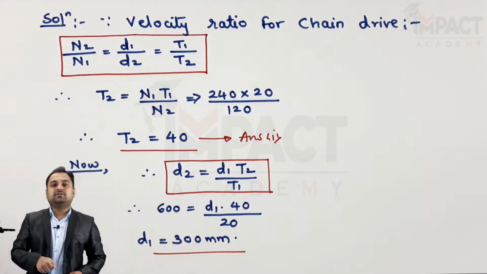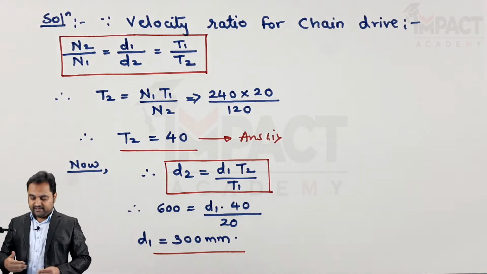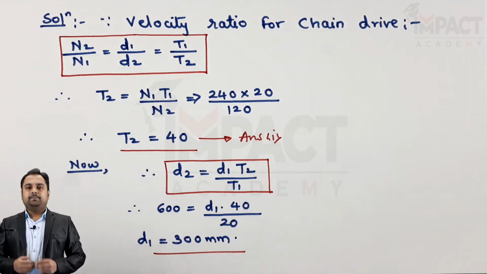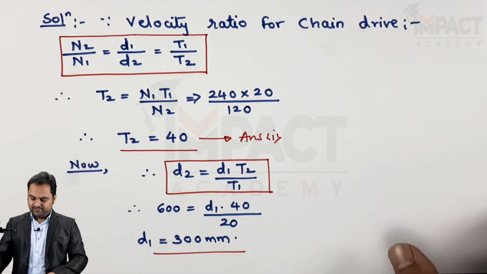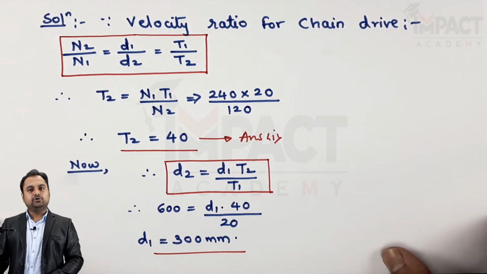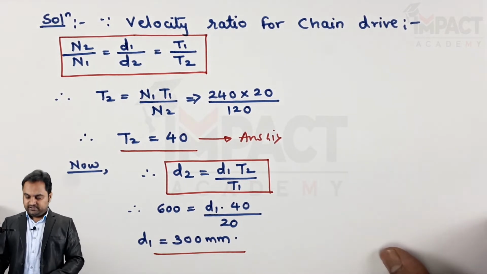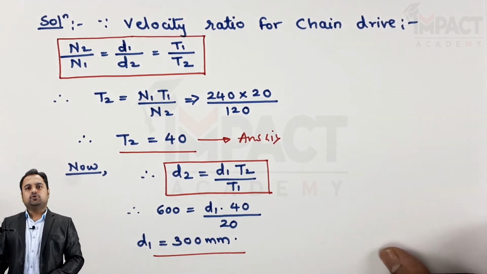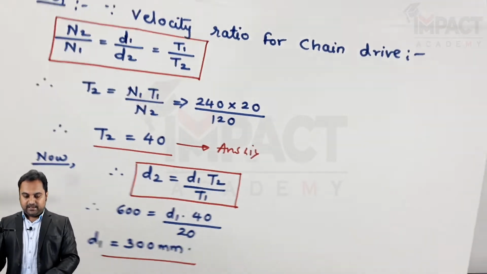Now once D1 and D2 are known, I can go for the formula of pitch, because it contains the relation between pitch and pitch circle diameter, and D1, D2 both are known, even the number of teeth of driving and driven sprockets are known. So we can use any one of them. I'll write the formula.